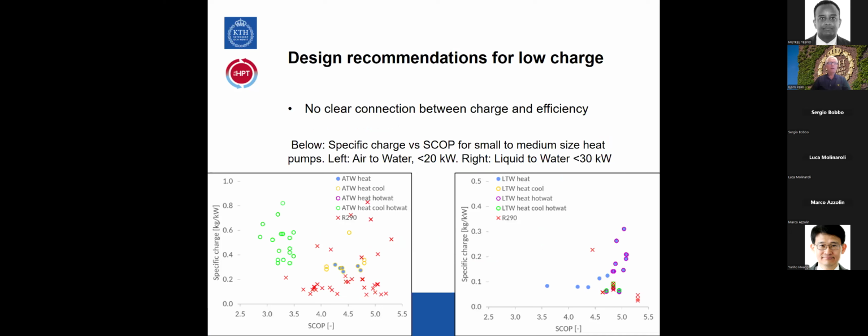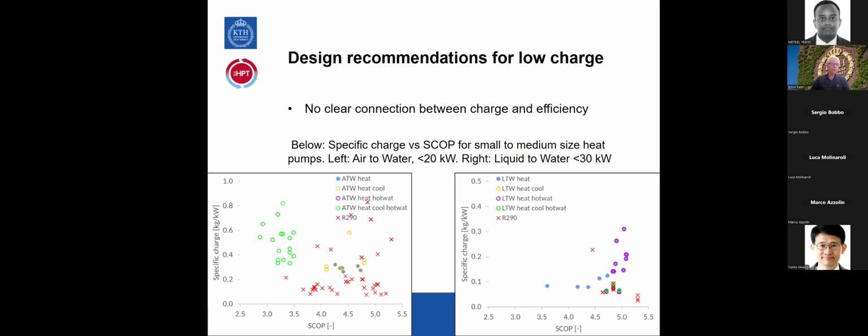And another notion on these 2 graphs, you can see the specific charge versus the seasonal COP. And the red crosses here are for different products on the market using R290. So this is not only in Sweden, but in the European market.